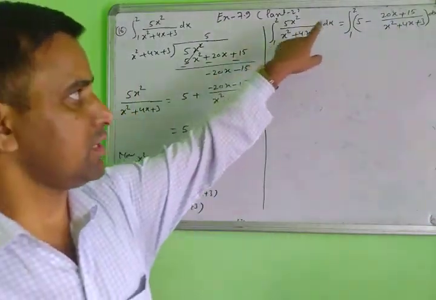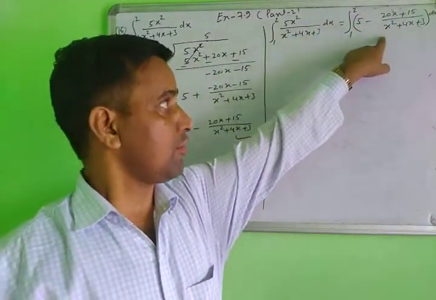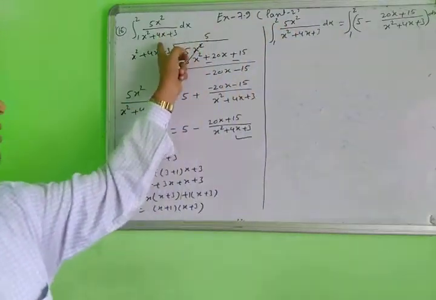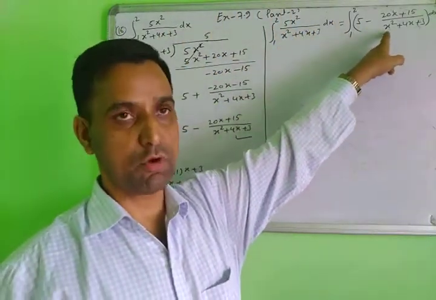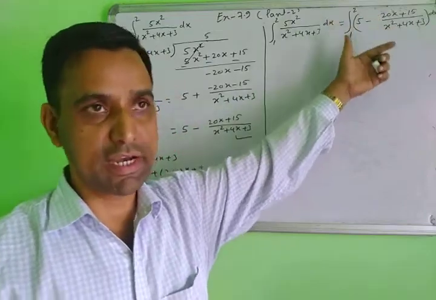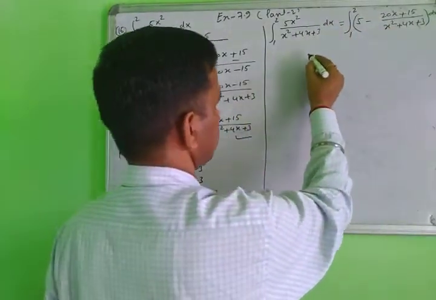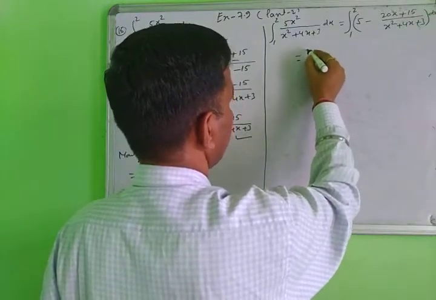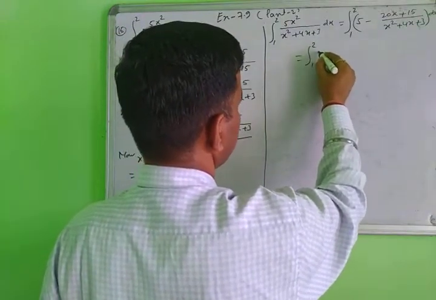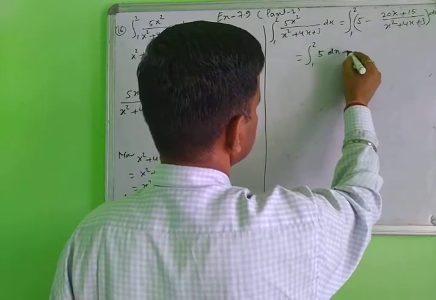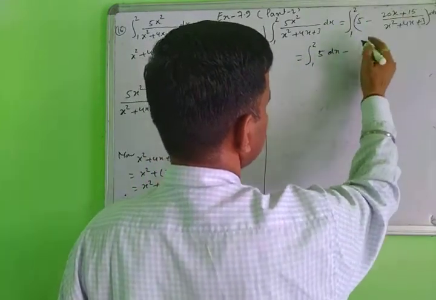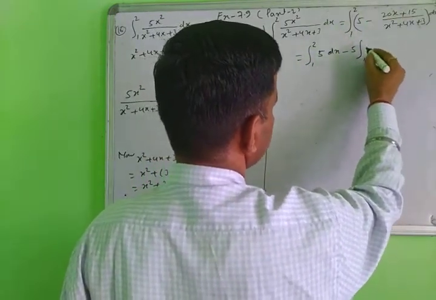This is the improper form. First you will convert this to the proper form, then you will integrate, and then you will use the limits. Again you will write here integration from 1 to 2 of 5 dx minus, taking minus 5 common, integration from 1 to 2.